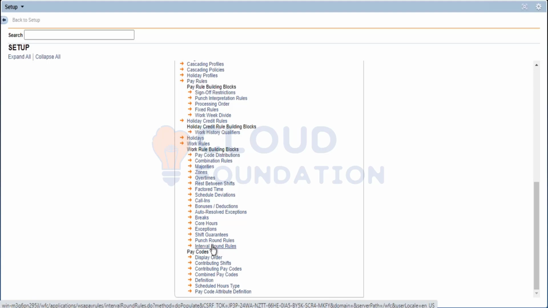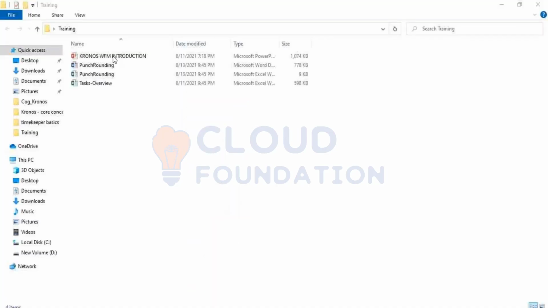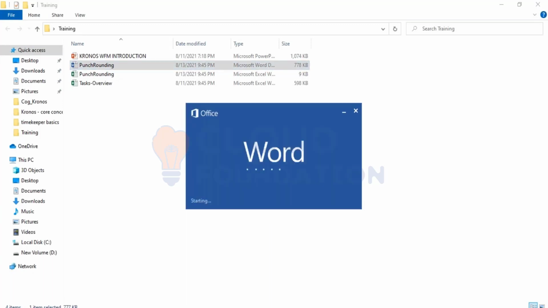Okay. So you know the logic of how it's rounded if the requirement is given. But I don't know where the interval applies, the rounding during the break time. The definition I know, but I need to learn.